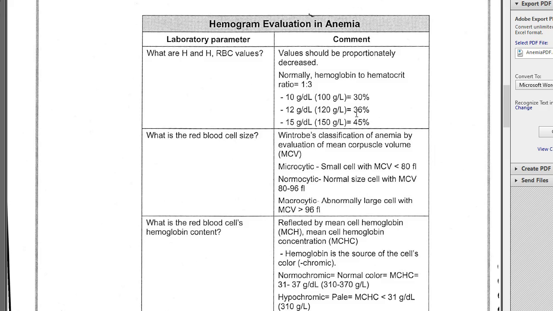Hemoglobin, primarily iron-containing protein, responsible for transportation of oxygen. Hematocrit, that's reflecting the percentage of RBCs in a given volume of blood. It's also a value that's influenced by the body's hydration status.